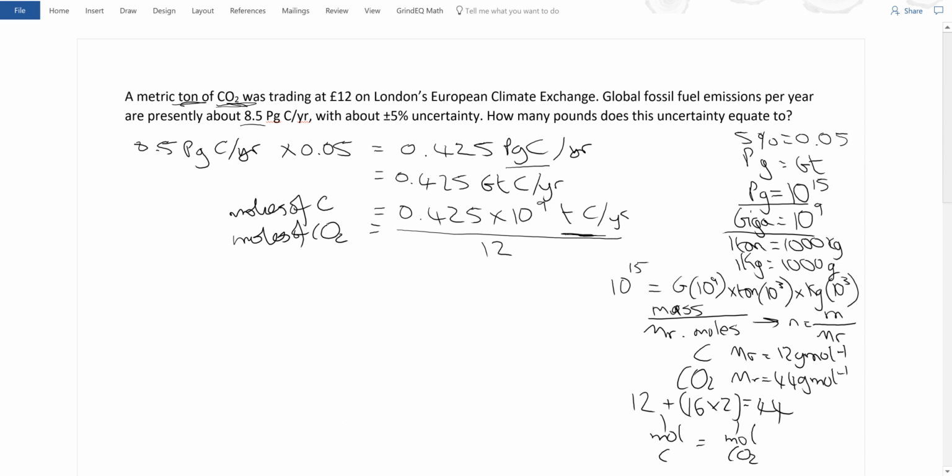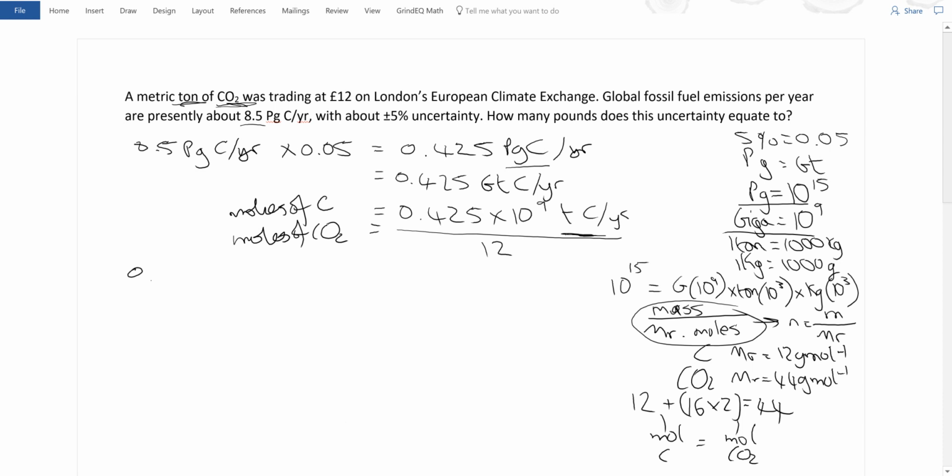And now I don't want the answer in moles of carbon dioxide, I want it as a mass of carbon dioxide, so I need to convert from moles back into mass by doing this equation in the opposite direction. So I need to do moles times the molecular mass of carbon dioxide, which is 44.